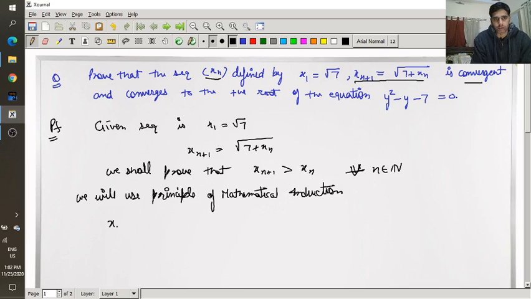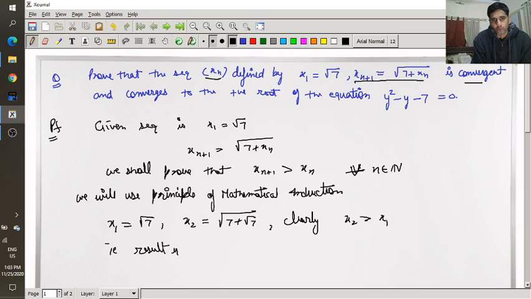We will check whether the result holds for x1 or not. x1 equals root 7, x2 equals root of 7 plus root 7, right? So clearly x2 is greater than x1. That is, the result is true for n equals 1, right?